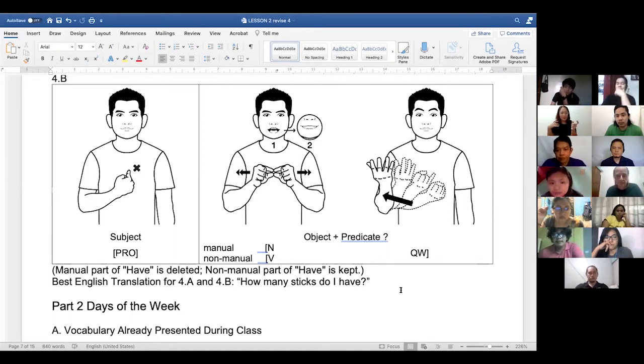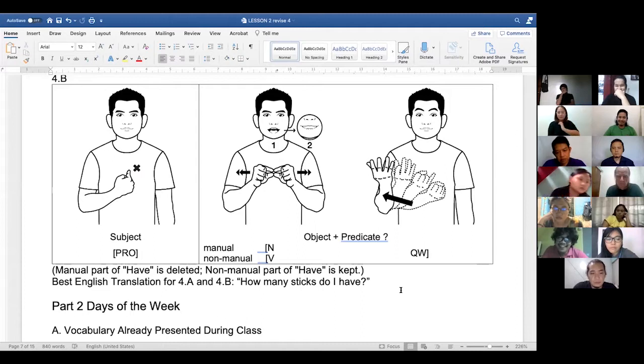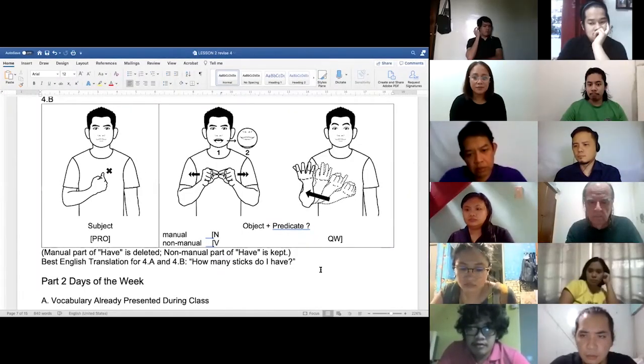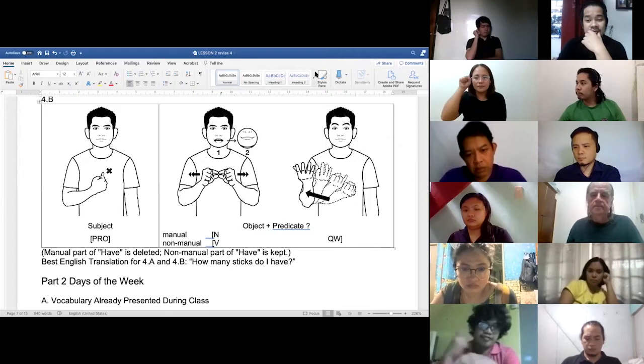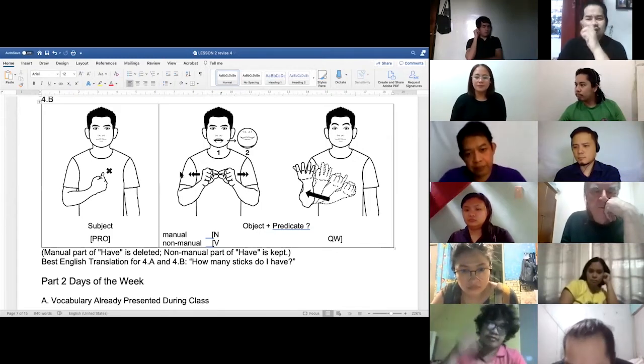We can change the parenthesis to a bracket.